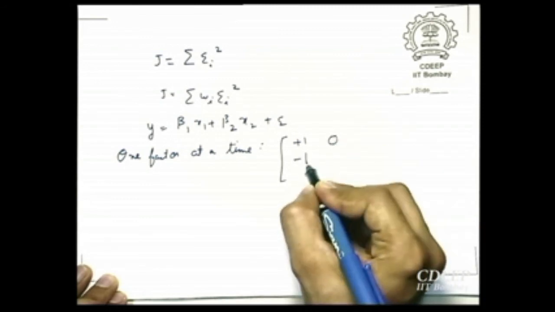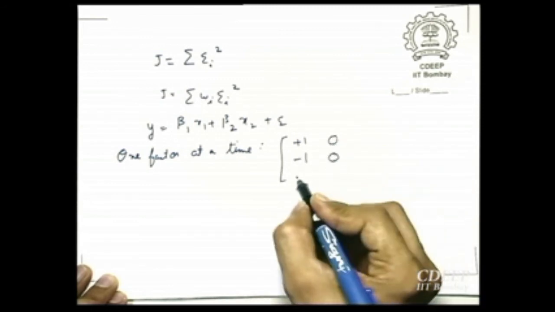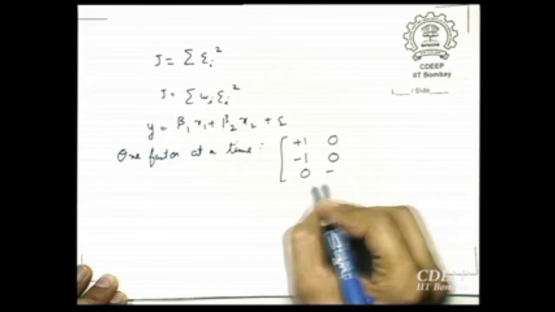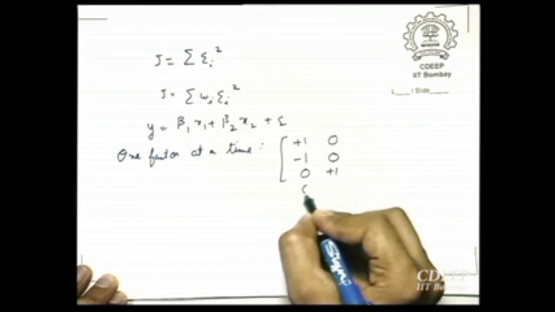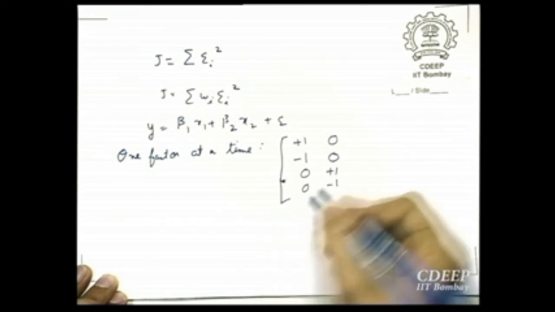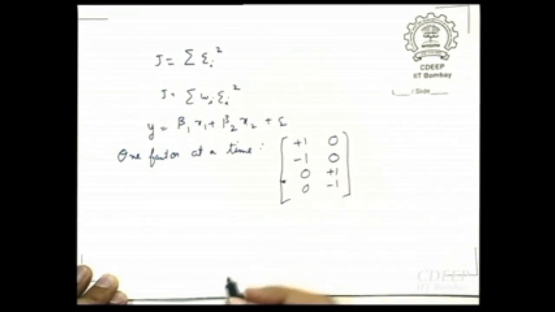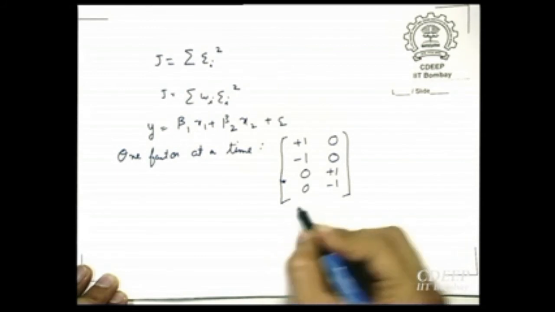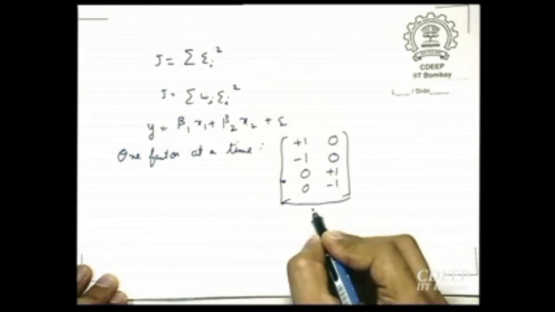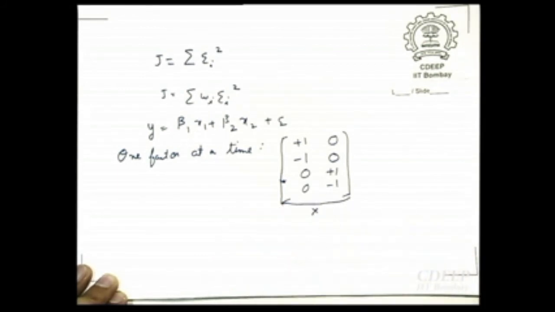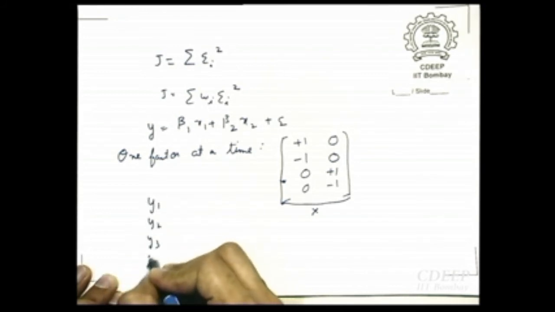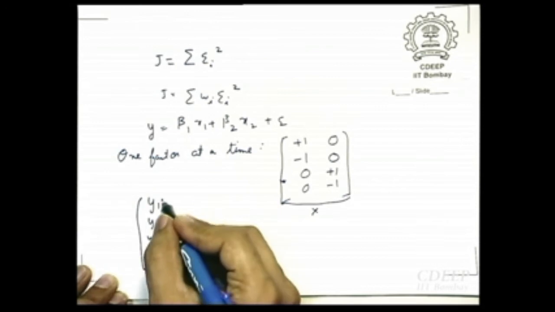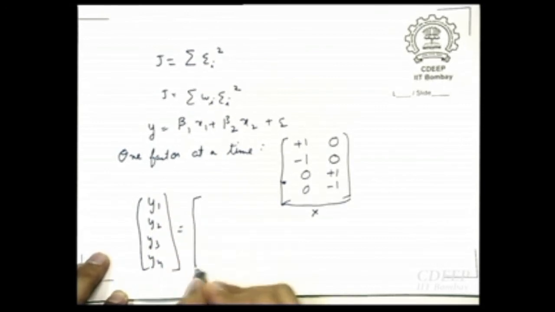Then I had decreased x1, x2 still remained 0, and the others were x1 at 0 with x2 at +1, and x1 at 0 with x2 at -1. If I call this matrix X, I can write my data set as y1, y2, y3, y4. I have done 4 experiments.